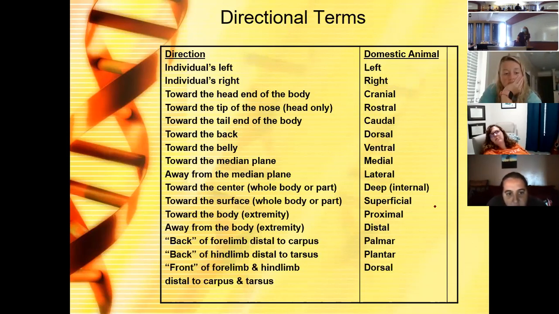Give me deep with a sound effect. There you go. Proximal, dorsal, distal, rostral. Nice. See how it's getting easier and easier and easier.